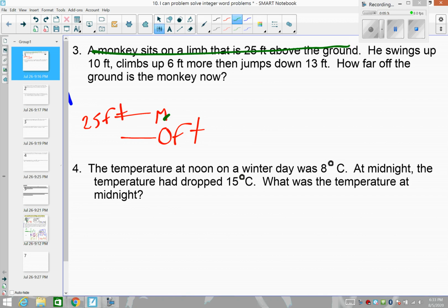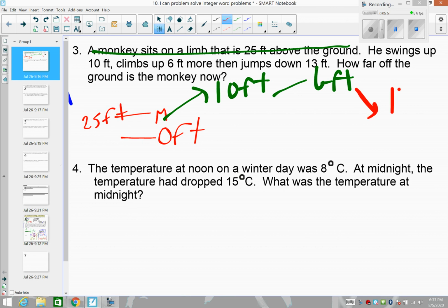He swings up 10 feet, climbs up 6 feet more, and then jumps down 13 feet. How far off the ground is the monkey now? So we have a situation where the monkey is up 25 feet, then it went 10 more, and then it went 6 more. So that would be 25 plus 10 plus 6, which is 35 plus 6 is 41.